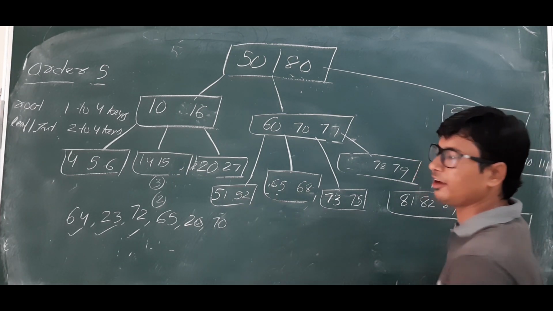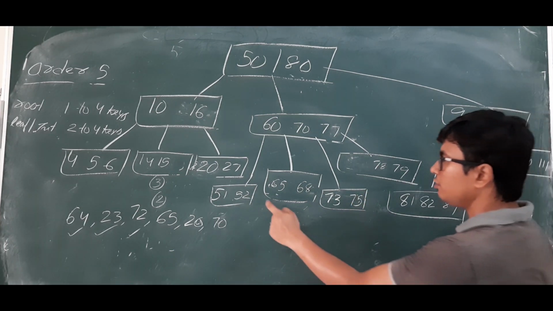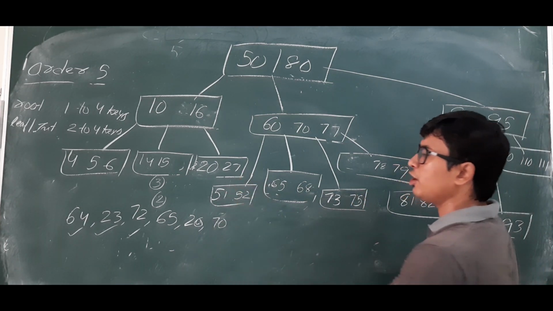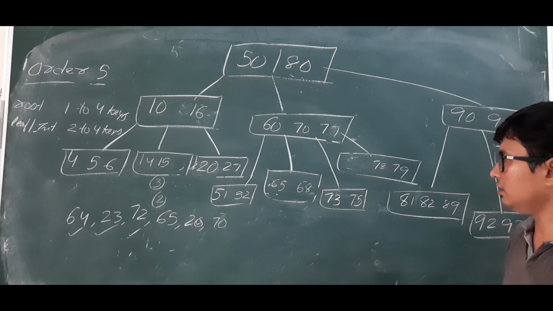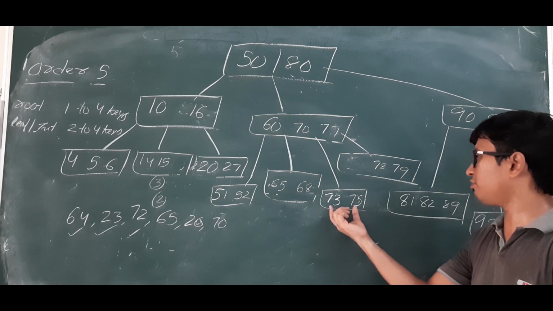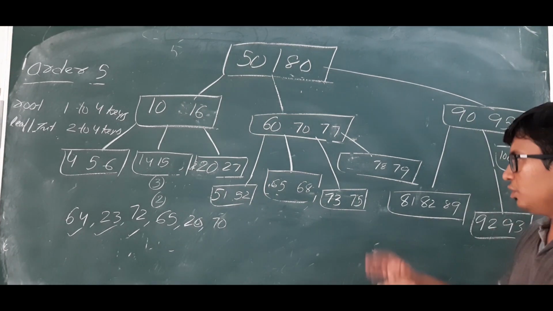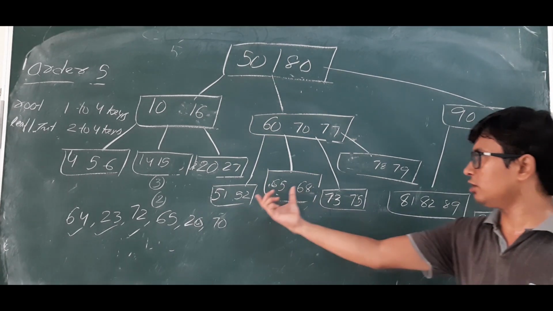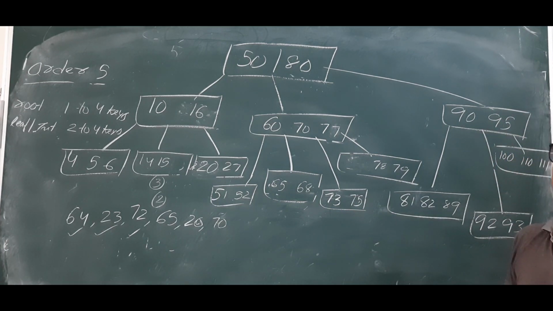I have to check whether left sibling is there or not and right sibling is there or not. So first I will check, can I borrow the element from the left sibling? No, I cannot borrow, because it is already having the minimum. Still the same scenario will occur for the right sibling also, because it is also having only 2 keys. So I cannot borrow from the left sibling or from the right sibling.